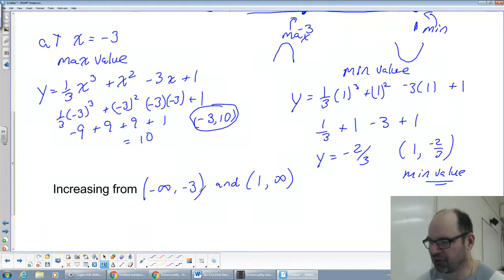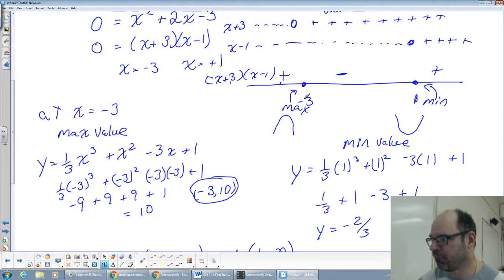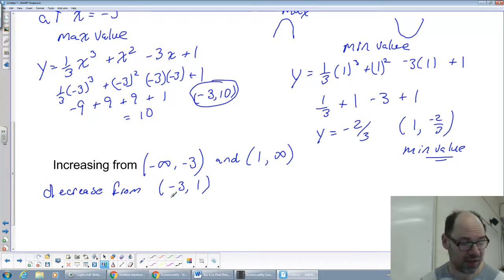That's the interval of increase. Decreasing, because sometimes I'll ask you that, it's decreasing from -3 to +1. So if I asked what the intervals of increase and decrease are, you could do it that way.